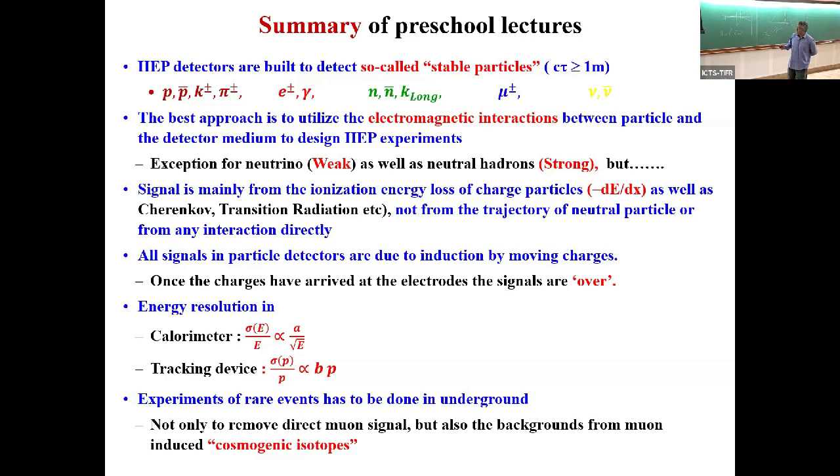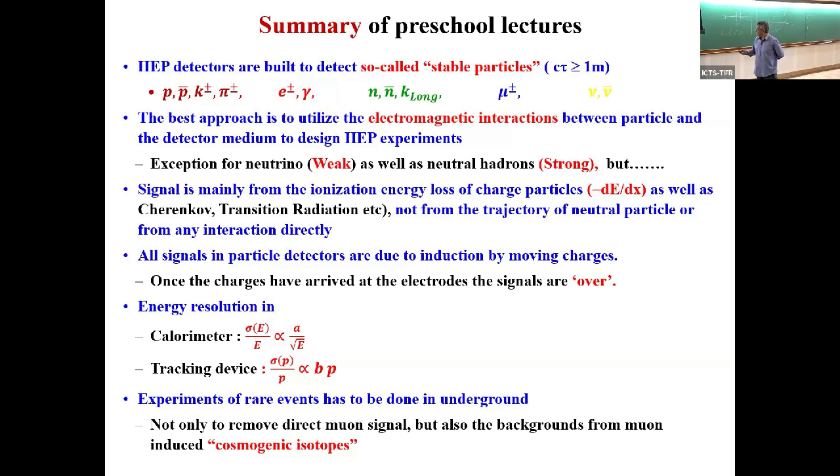The signal comes mainly from the ionization energy of the charged particle, as well as Cherenkov and transition radiation, not from the trajectory of the neutral particle itself. These are the very conceptual points. Of course there are some exceptions, but this is the standard technique we use. And all the signals in particle detectors are due to the induction of moving charge.